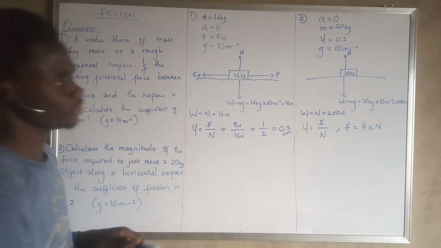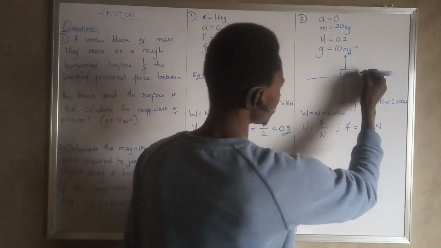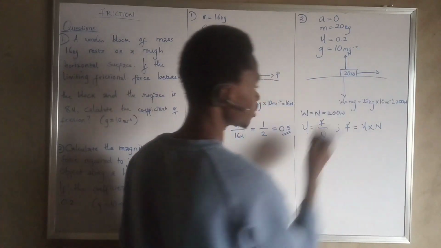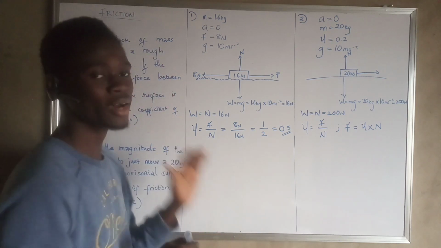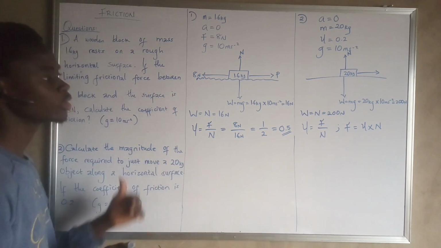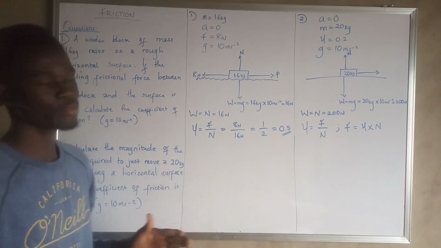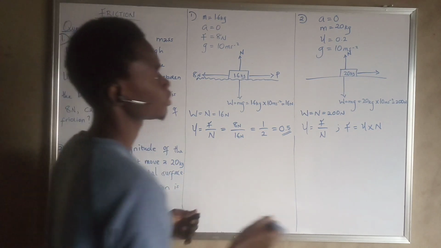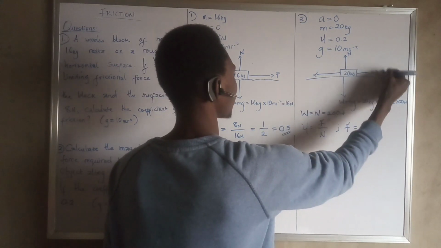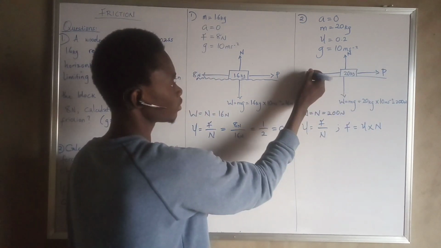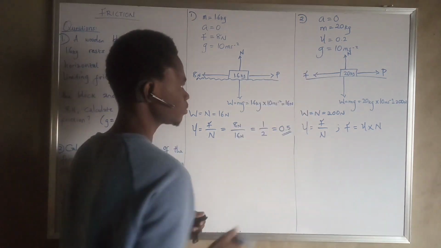In this case, let's assume this is the direction of the applied force. For us to have a coefficient of friction, that shows we have friction, and for us to have friction, there must have been a particular force applied to the object. So let's assume this is the direction of the applied force and this is the direction of the frictional force.